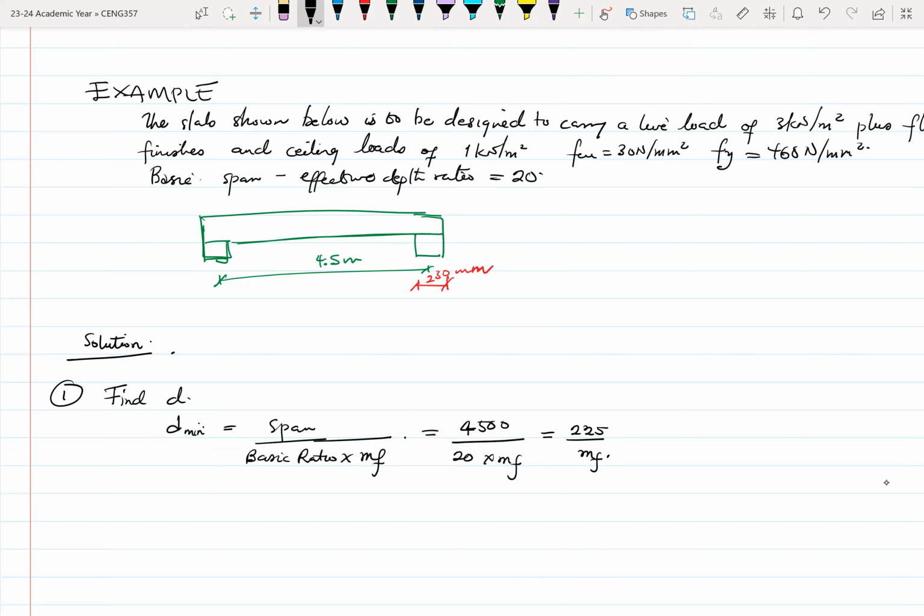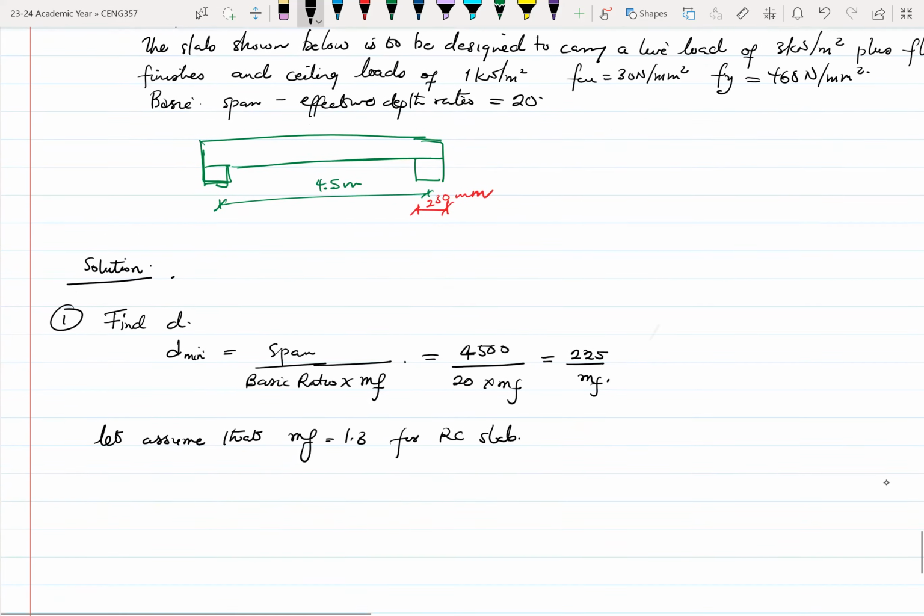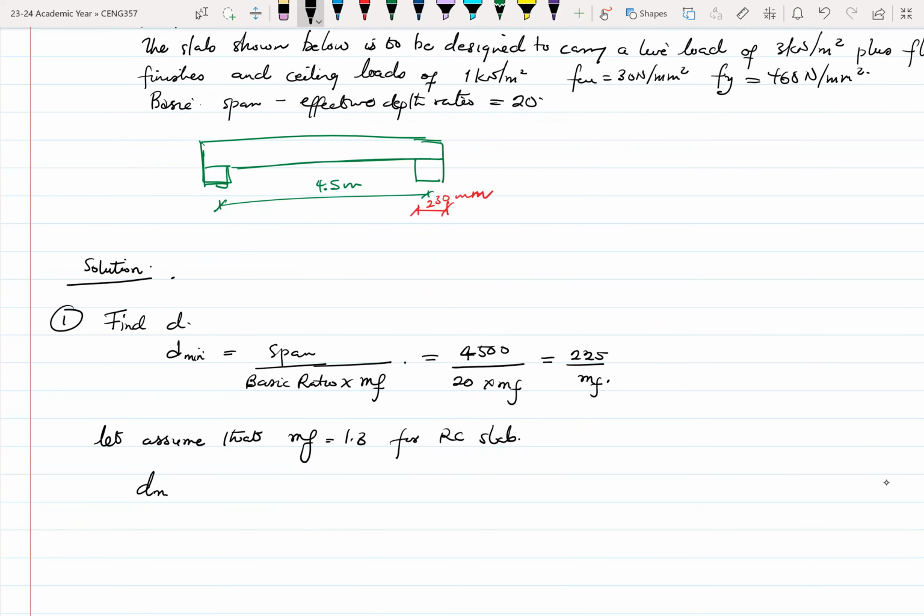So for now, let's assume that our MF is 1.3 for RC slab. Normally it's around this value. So my D minimum will be equal to 225 over 1.7, and that should give us what? Let me use the calculator: 225 divided by 1.7.